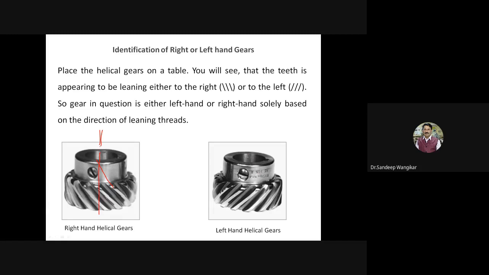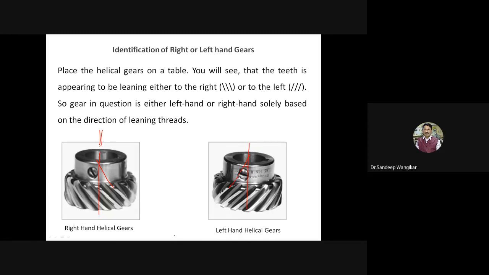Similarly, on this side, assuming this is some center line, if I extend this angle psi, this is the left hand helix.